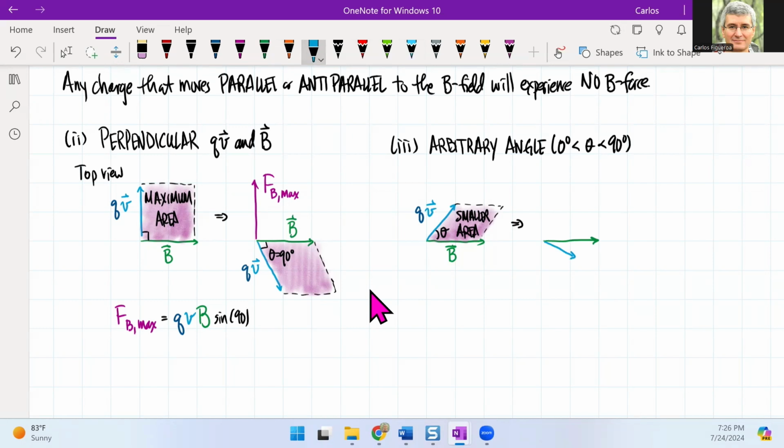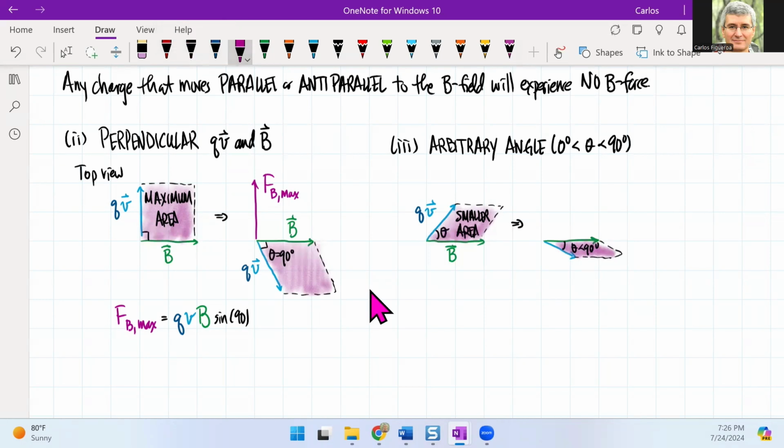And if I compare those two fields, this area right here is smaller, right? And this is for an angle where theta is less than 90 degrees.